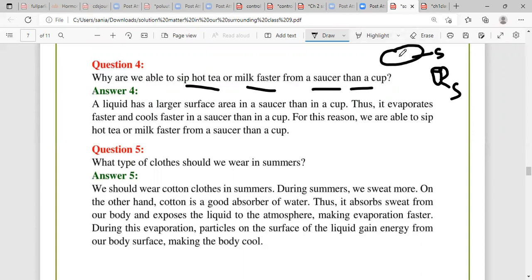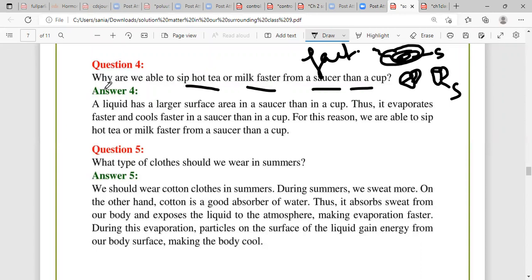You can sip hot tea from a saucer in a good way. Why? Because the surface area is more, so evaporation will be more, as we did in factors affecting evaporation. With the increase in surface area, evaporation increases. So it will cool down fast, and you can easily sip it. But in a cup, the surface area is less, so it will take time to evaporate.